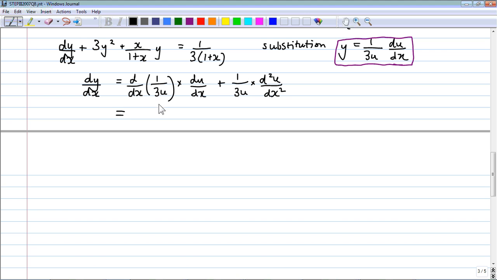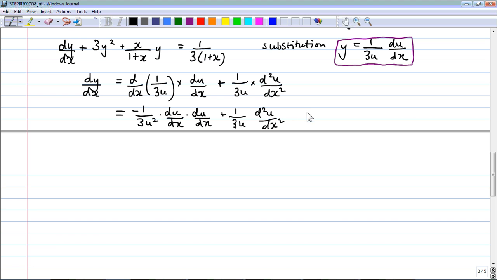So d by dx of 1 over 3u, that's d by du of 1 over 3u, that's minus 1 over 3u squared, but times du by dx. And then we've got du by dx again, and then we've got 1 over 3u, careful, d2u by dx squared.